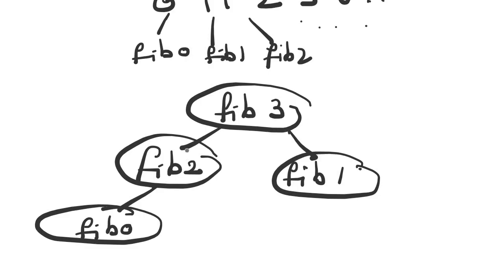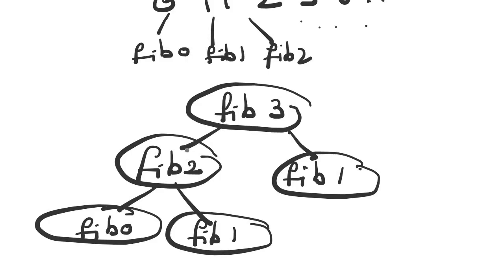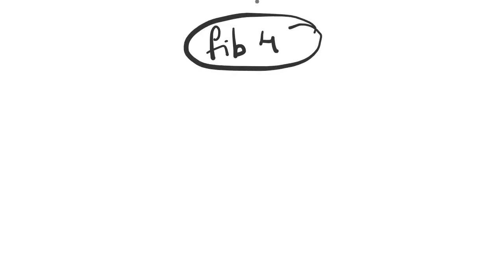So now I can write it as Fib 1 and Fib 0. If you observe clearly, how many times am I calculating Fib 1 and Fib 0? Now let us consider the fourth value, Fib 4.